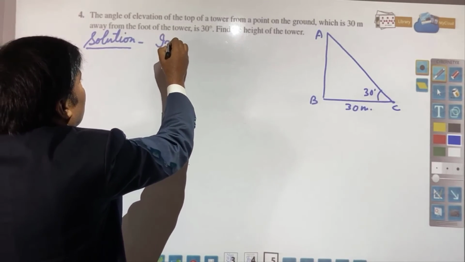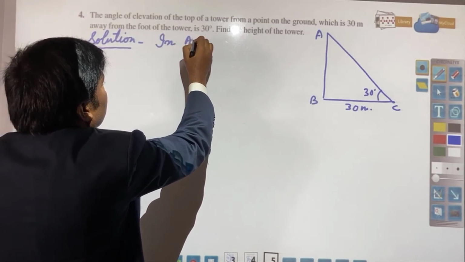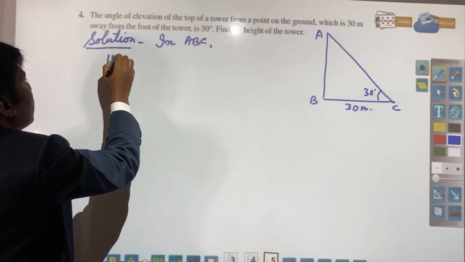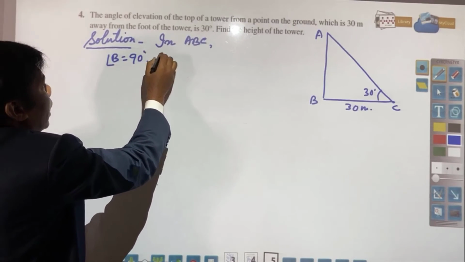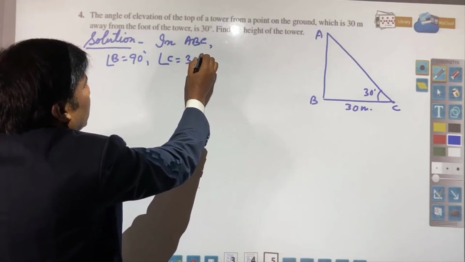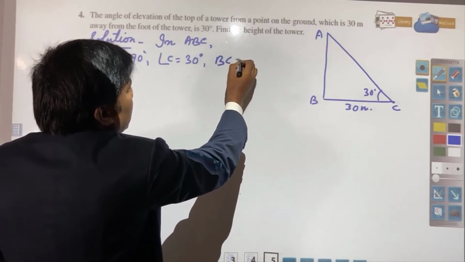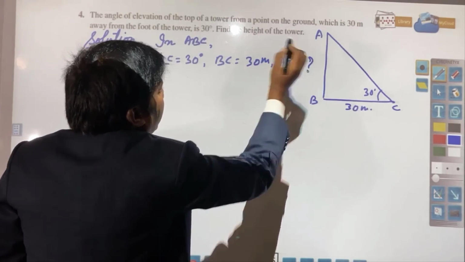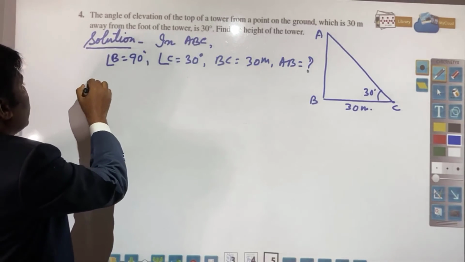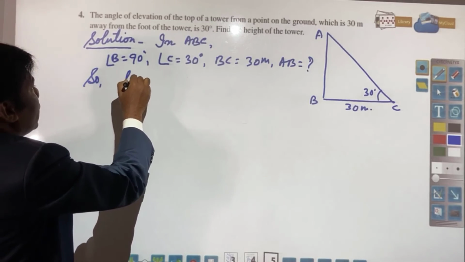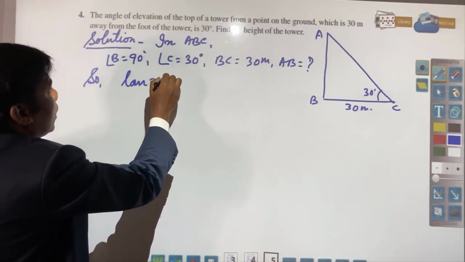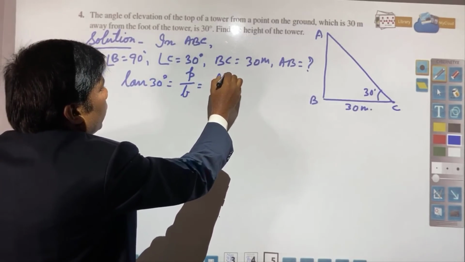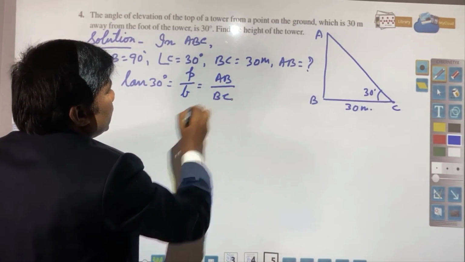in triangle ABC, angle B is equal to 90 degree, angle C is equal to 30 degree, BC is equal to 30 meter, AB you need to find out. So tan 30 degree is equal to P by B, we know P is equal to AB by BC.